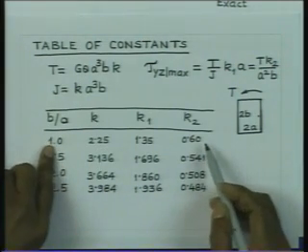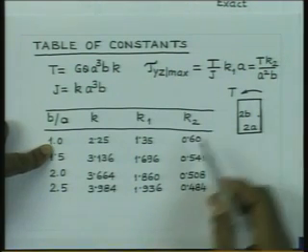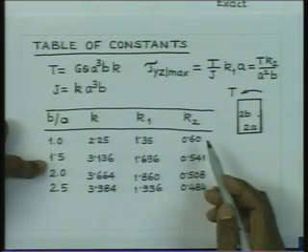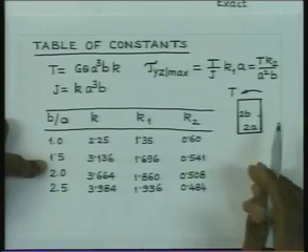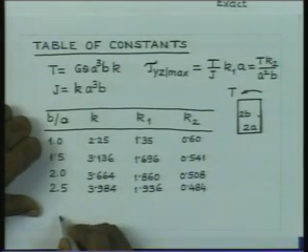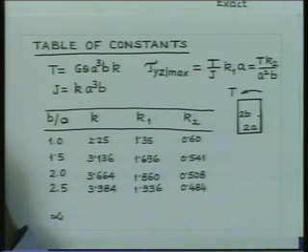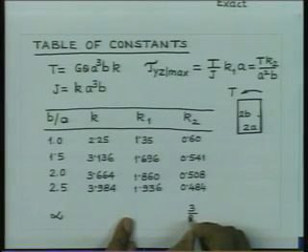So, for b equal to a, this constant k2 is equal to 0.6, and as the section becomes longer in the vertical direction, you are going to get this constant gradually reducing. And for infinity, this constant is equal to 3/8.